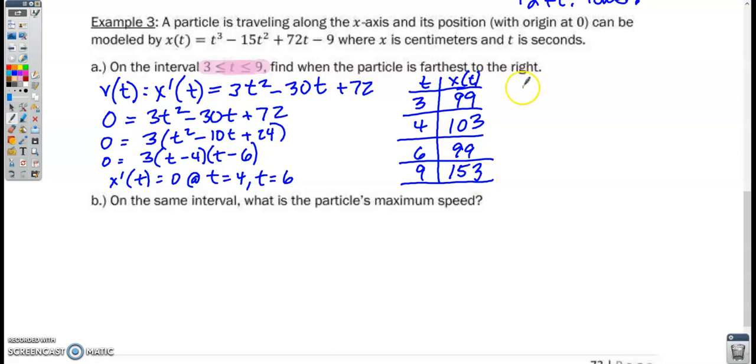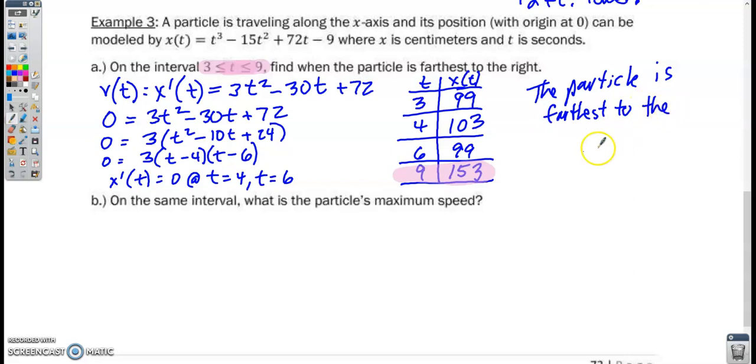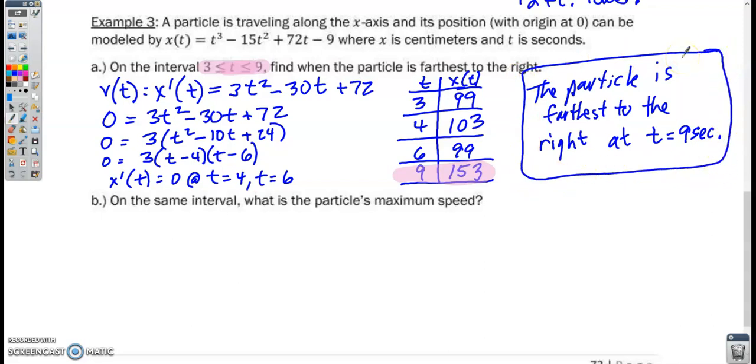That's what we're trying to find. That's when the position is greatest, which is this entry right here. So the particle is farthest to the right at time t equals 9 seconds. All right, that takes care of the first part of this.